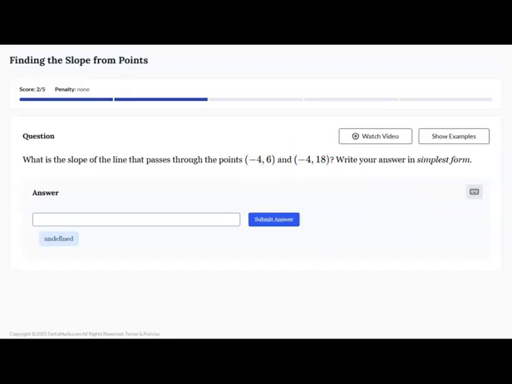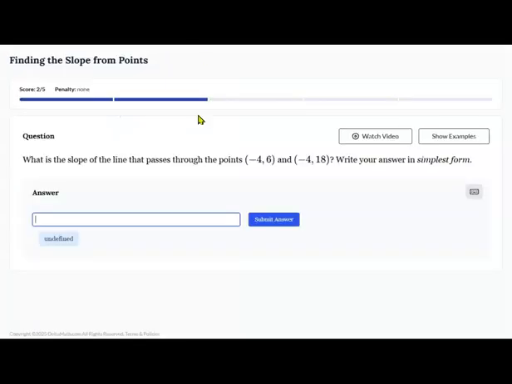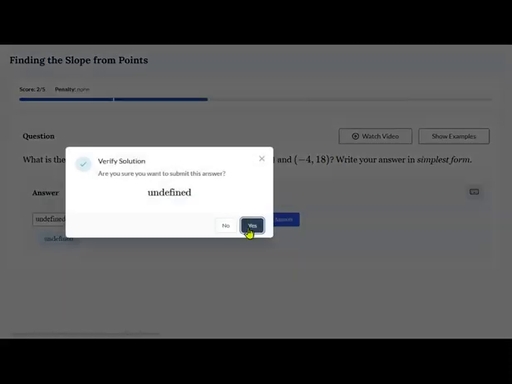Get your calculator ready. 18 minus 6 over -4 minus -4. Now if you get an error message, divide by 0, that means that your slope is undefined. And you'll need to click this button right here and submit your answer.